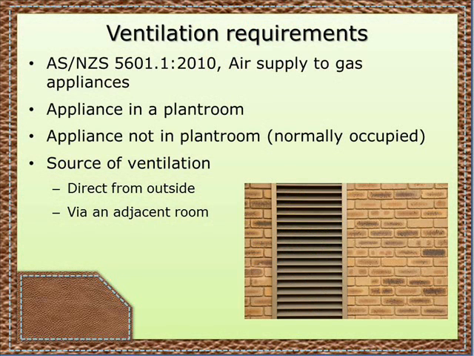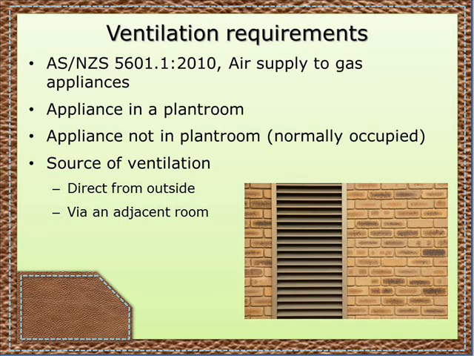Any gas appliance other than a room sealed type gas appliance shall be ventilated as per Australian Standard 5601. An example of a room sealed gas appliance would be a ducted heater, which is on the outside of the building and draws its air for combustion from outside the building.